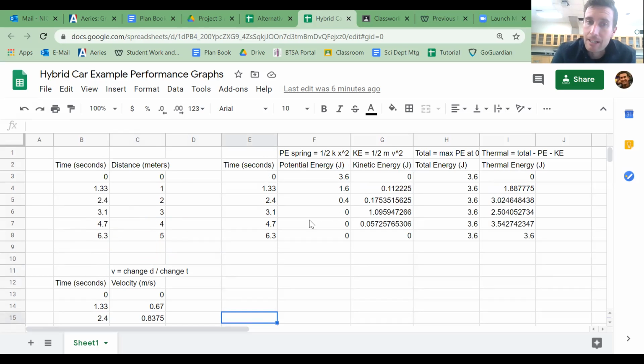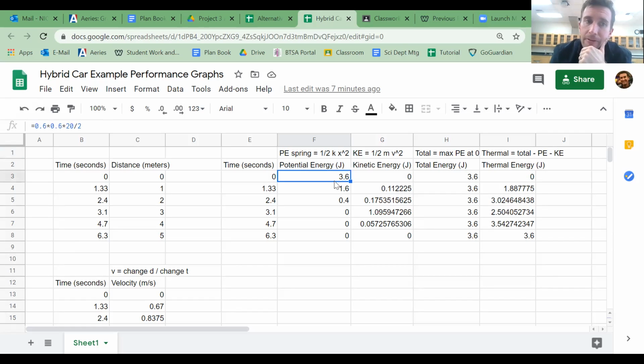And then finally, it was time for me to do my energies. So I'm going to do potential energy, kinetic energy, total energy, and thermal energy. Since I know that potential energy is 1/2 kx squared for spring potential energy, and this one was running off of a rat trap, so that's a spring, I figured out the spring constant, and then I figured out how much that spring had stretched.